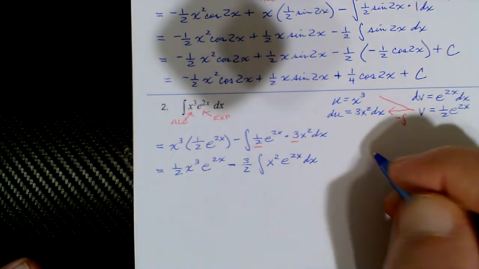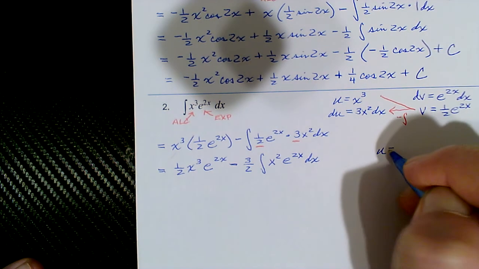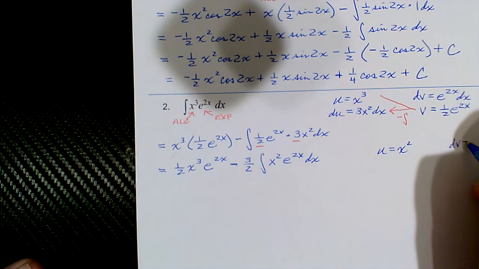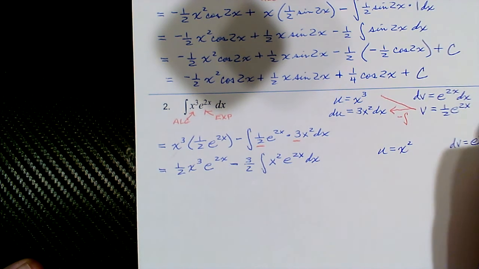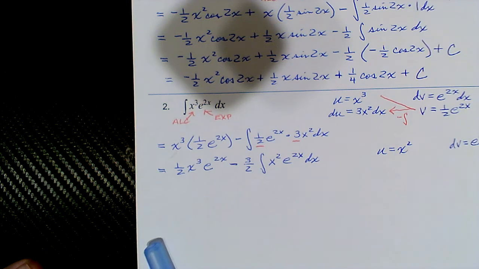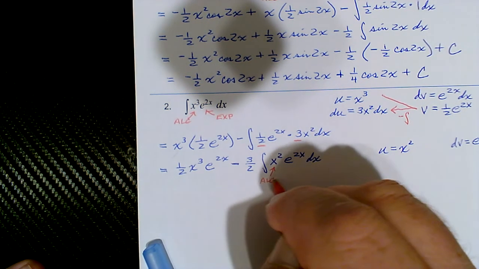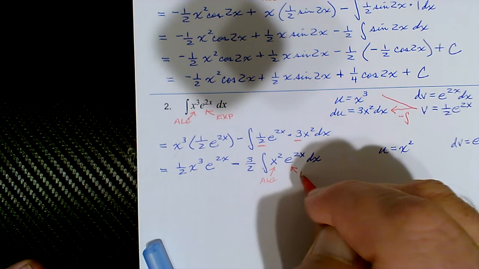So we're going to continue with integration by parts by choosing u to be x squared, dv equals e to the 2x dx in this new integral, because again the x squared is algebraic, it is exponential.